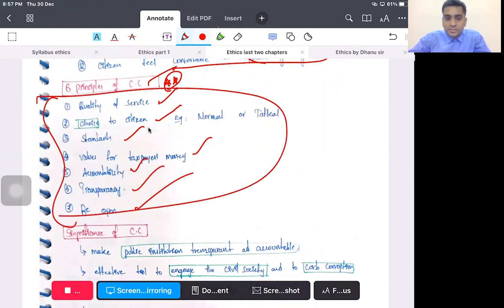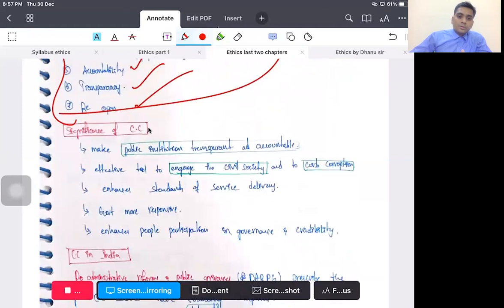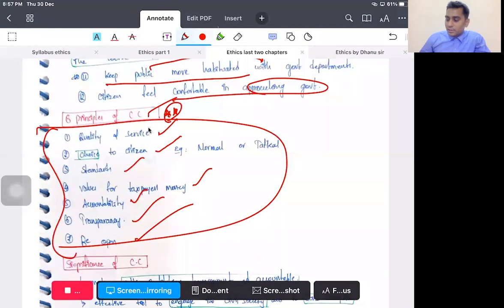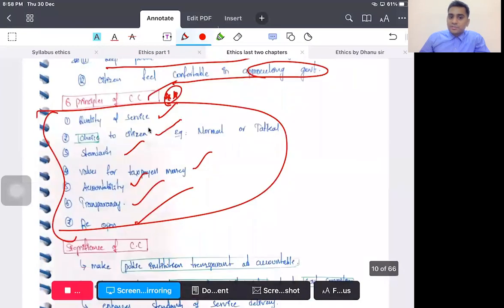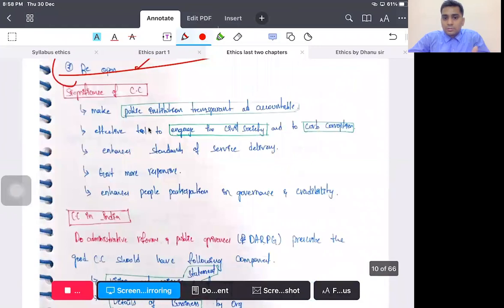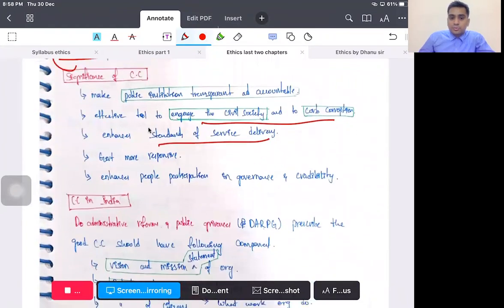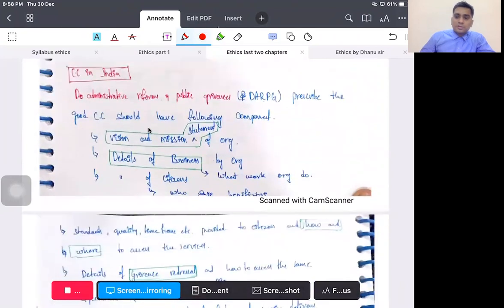Again, they are going to fulfill the same thing. Significance of Citizens Charter, I don't know why they have written again and again, right? Objectives of Citizens Charter is again significance of Citizens Charter, right? It engages civil society, corporate societies, ethical standards are improved, government is more responsive. Leave all this, again the same points.